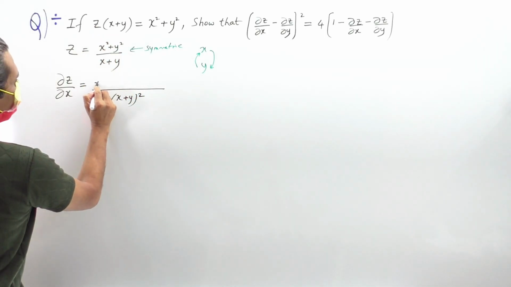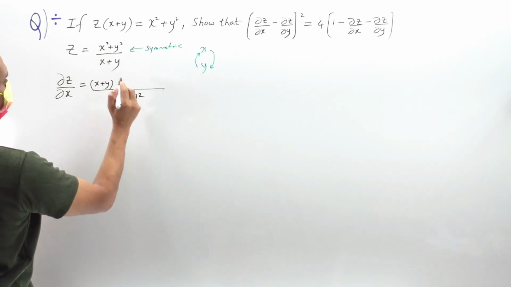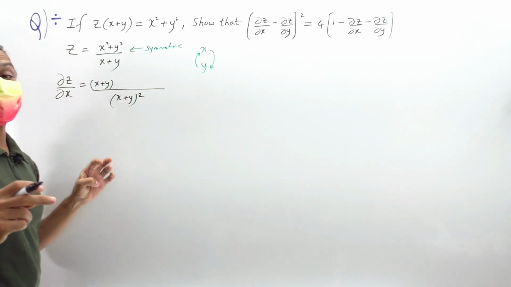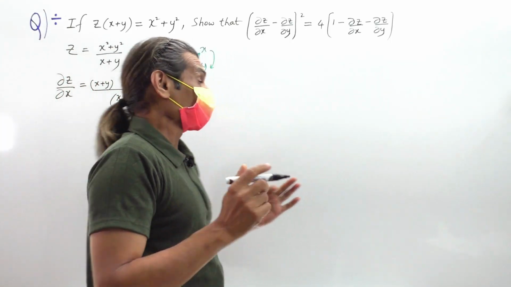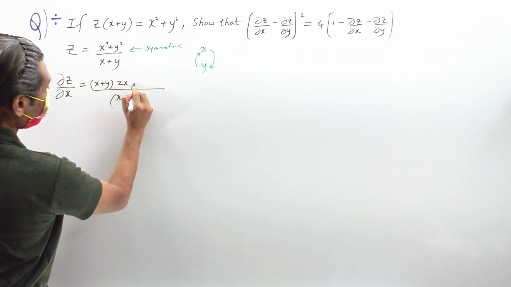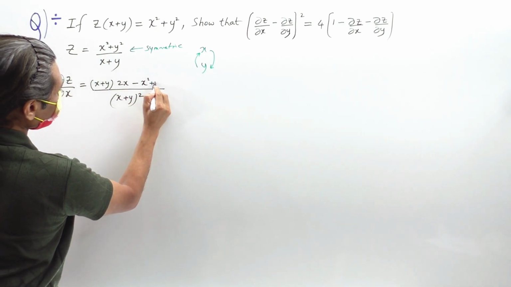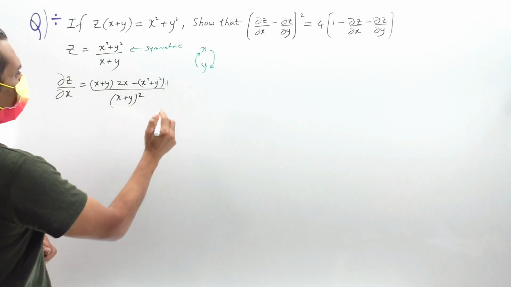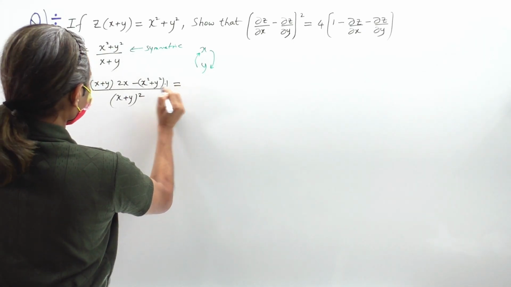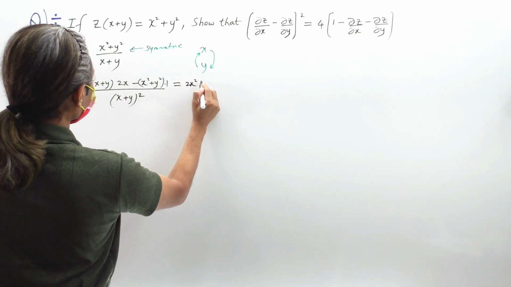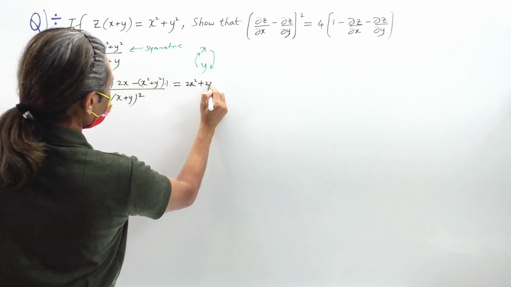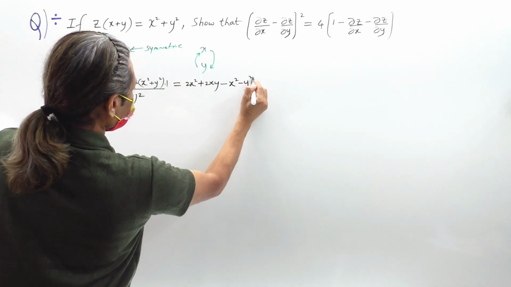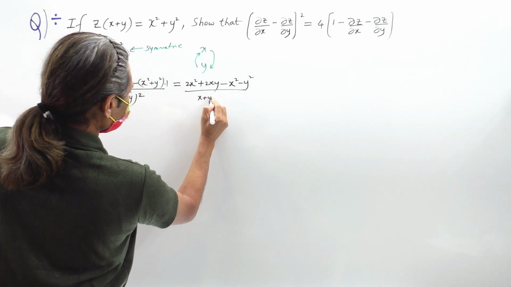Okay. So, this will be now: denominator, that is second function square, x plus y as it is second function, differentiation of x square plus y square with respect to x. Here dou by dou x we are partially differentiating with respect to x. So, differentiation of x square is 2x, minus x square minus y square as it is first function, differentiation of x is 1. So, we get 2x square plus 2xy minus x square minus y square, whole divided by x plus y the whole square.